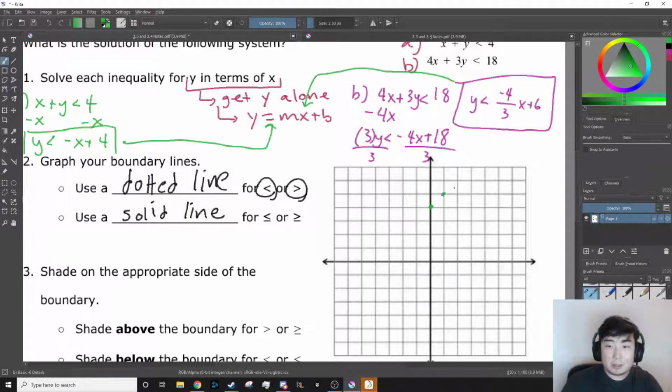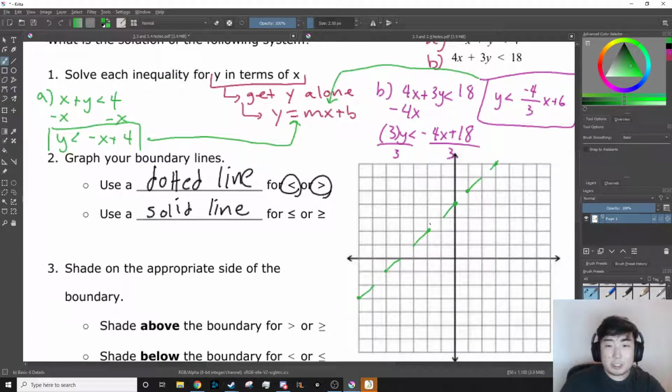So it looks like this. I'm just going to go diagonal, like so. Good. The reason why we're using a dotted line is because there's no equal to here. It's missing, right? So I know for sure I have to use a dotted line because it's using one of these inequalities.